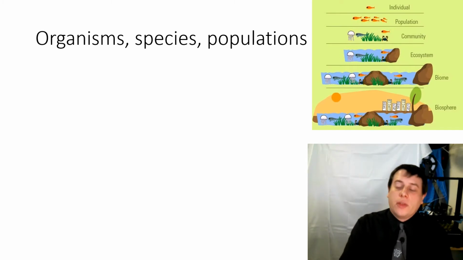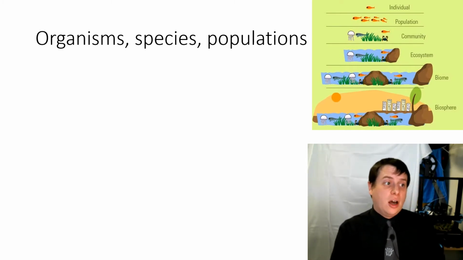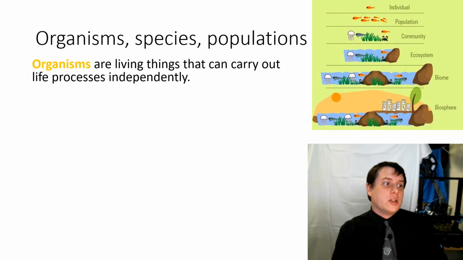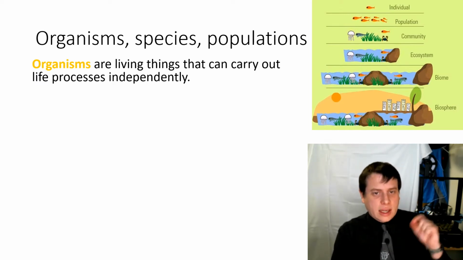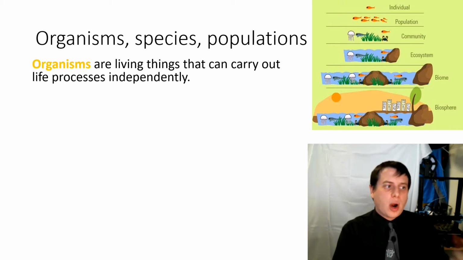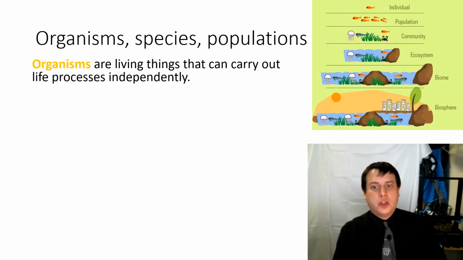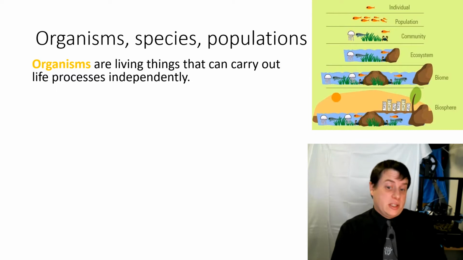All right, so then let's talk about the organization of an ecosystem. So you start out with organisms. That's things that are living and can carry out life processes on their own. Basically, they're able to breathe, eat, reproduce. All right. So this is everything from bacteria on up through humans.